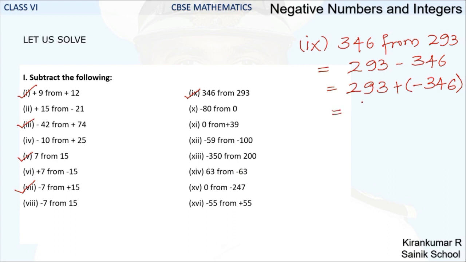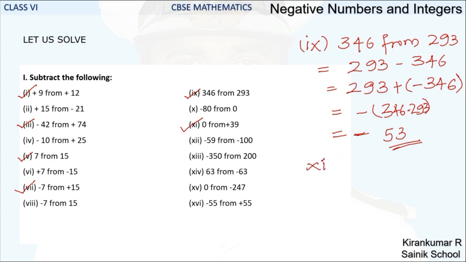The addition of integers of unlike signs rule says that we need to subtract the absolute values and take the sign of the larger absolute value. Here the larger absolute value is minus, so minus is taken. So the result obtained is: 6 minus 3 is 3, 14 minus 9 is 5, 2 minus 2 is 0. So the result obtained is negative 53.